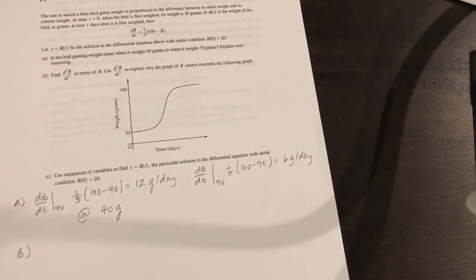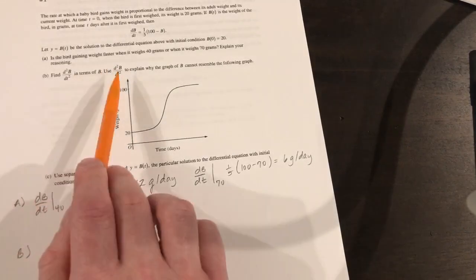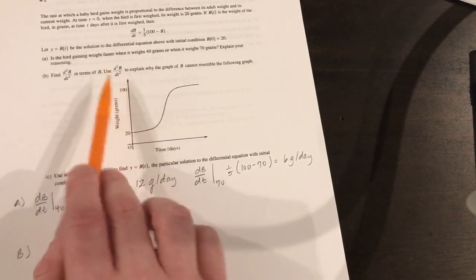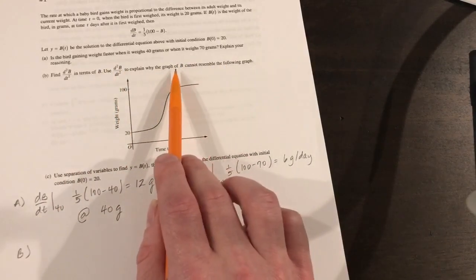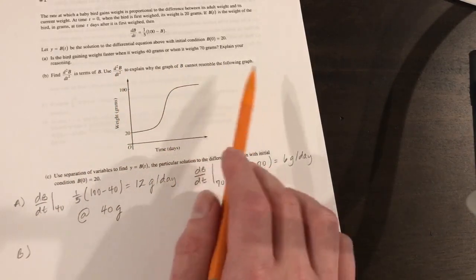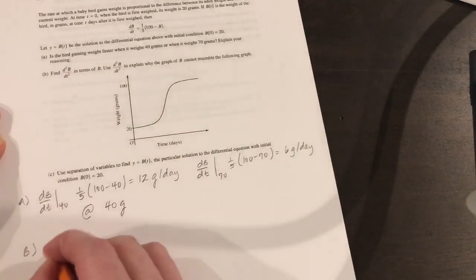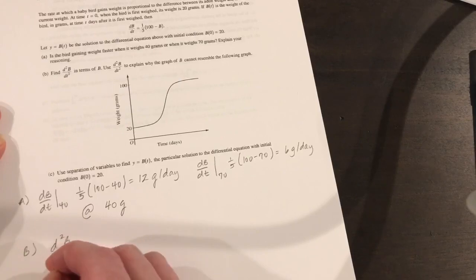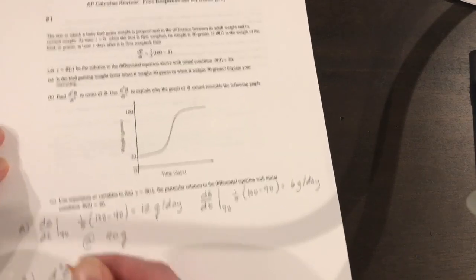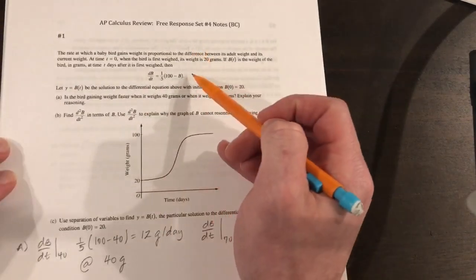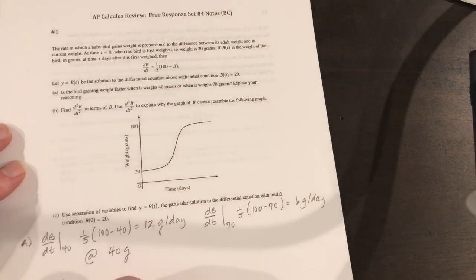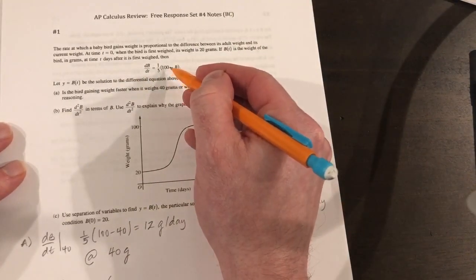Part B, it says, find the second derivative in terms of B. Use d squared B/dt squared, the second derivative, to explain why the graph of B cannot be reasonable, okay? So if I take the second derivative, I'm just going to take the derivative of this function up here. So I'm going to leave the 1/5 alone. Derivative of 100 is 0.